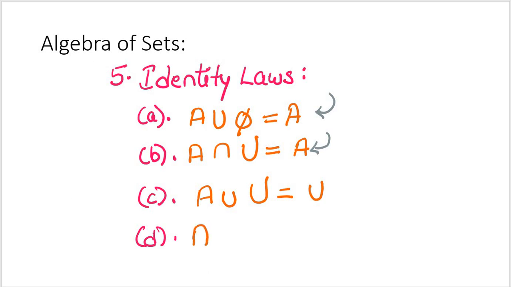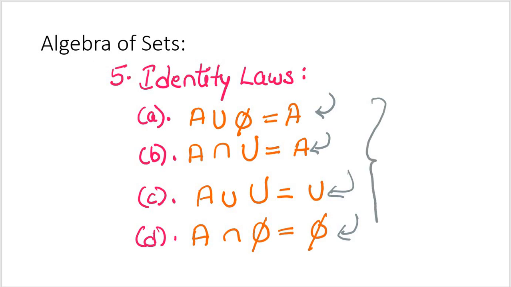And if I'm going for A intersection null set, so obviously I'm going to get a null set. The reason being, in this one I have summed up everything, that means I got the universe of discourse. In this I am trying to find the common elements between elements of A and null set, so obviously there will be null. And this set of laws are called identity laws.